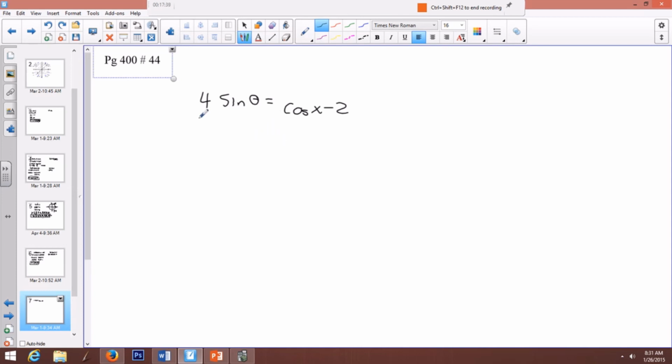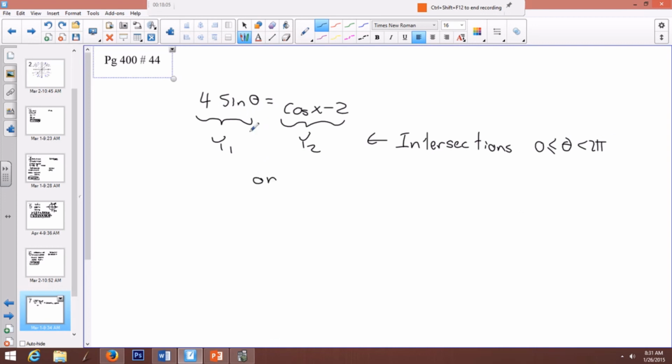There are a couple of ways you can do it. You could set this thing equal to y1 and this thing equal to y2 and find the intersections, from 0 less than or equal to x, actually in this case theta, less than 2 pi.